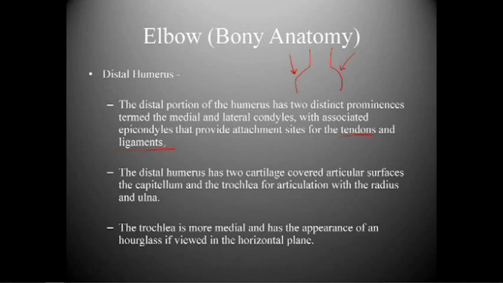The distal humerus has two cartilage-covered articular surfaces, which are the capitulum and the trochlea, for articulation with the radius and ulna. The trochlea is more medial and has the appearance of an hourglass if viewed in the horizontal plane.